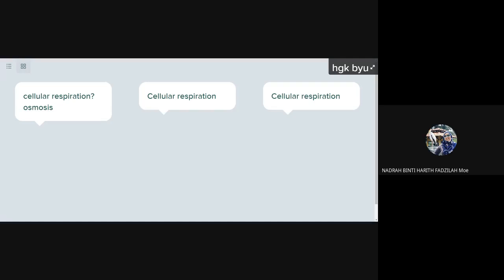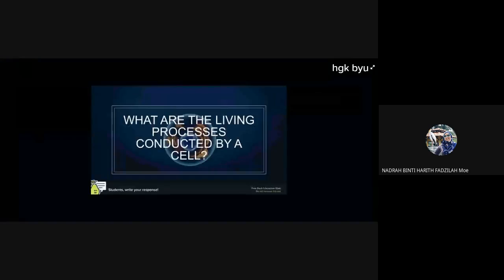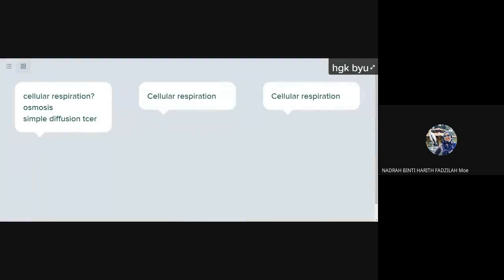Lagi? Apa lagi? So, dulu kita ada belajar meiosis. Mesti sebelum cuti hari tu kamu dah masuk. Yes, simple diffusion. Alright. So, some of the living processes conducted by a cell macam cellular respiration, osmosis, simple diffusion, growth, cell division, production of enzyme.